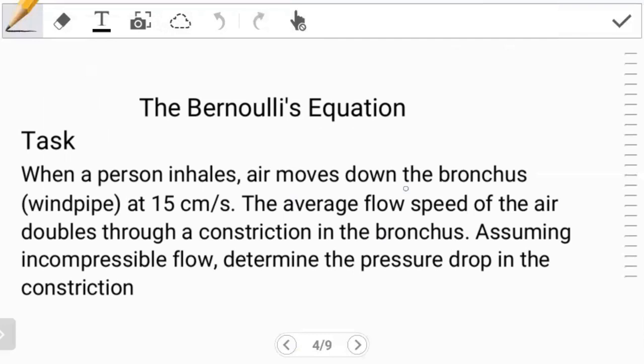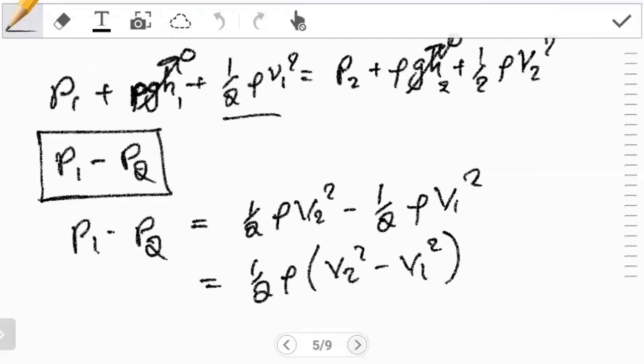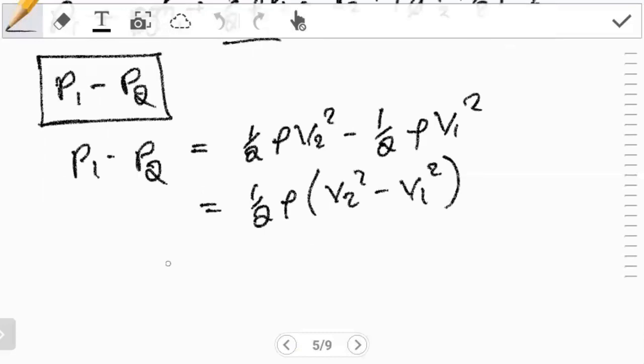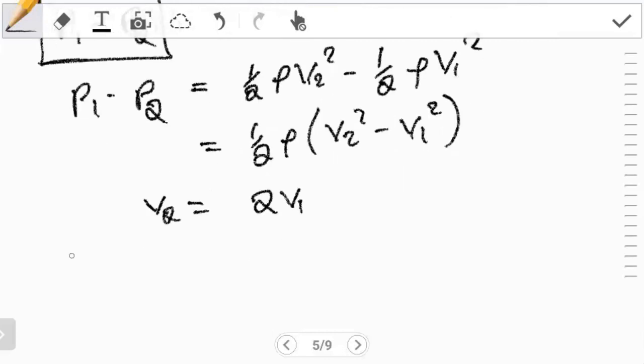So in other words, when it doubles, what you have to look at is V2 is equal to double V1. So when I use this, now what I have is P1 minus P2 is equal to half rho. Where there's V2 here, I can put 2V1, squared, minus V1 squared.